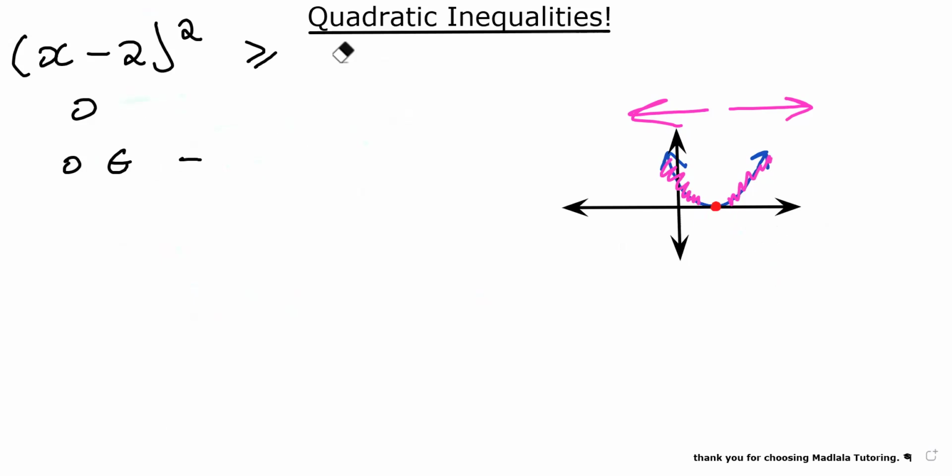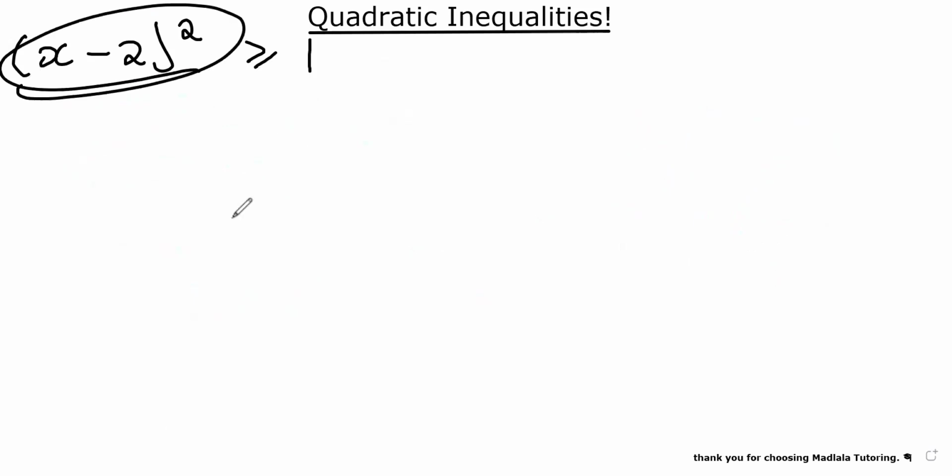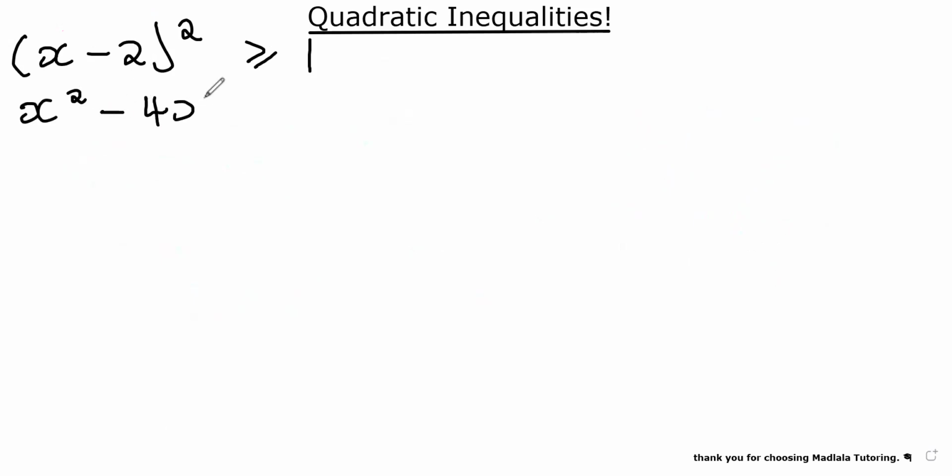But then since we have a number which is not 0 on the right, then it means we have to expand this. You repeat this bracket twice as you did in grade 10, and you use the FOIL method. And after successfully using the FOIL method, this is what you're going to get. And of course, it's supposed to be 4 there.